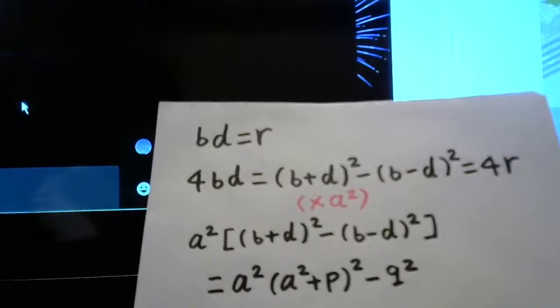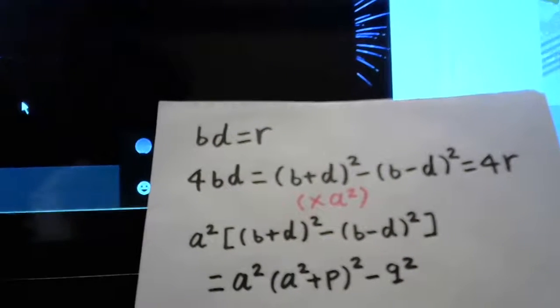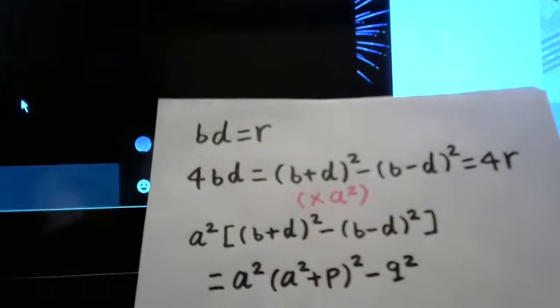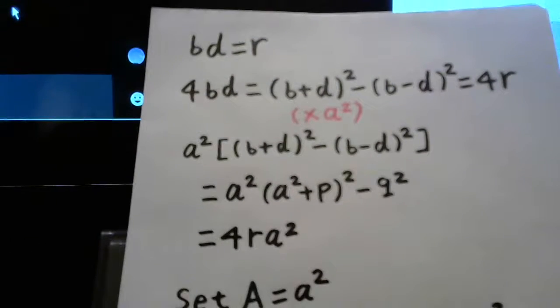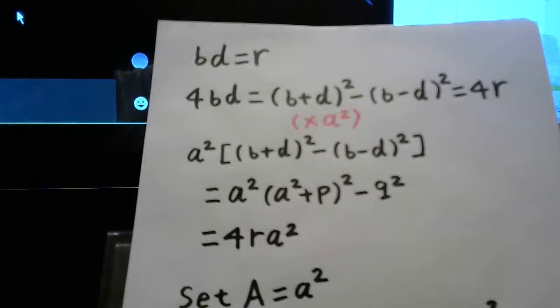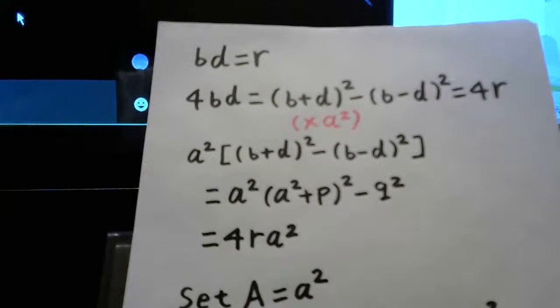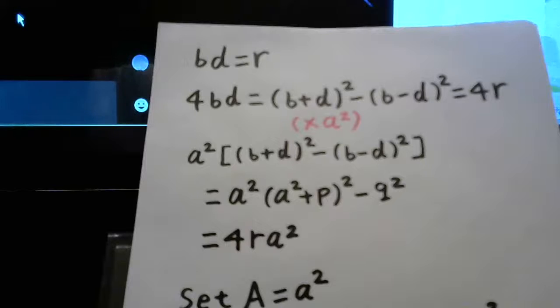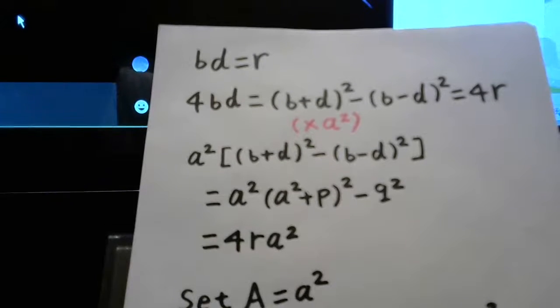And we multiply by a squared. Then it goes like this: a squared times (b plus d) squared minus a squared times (b minus d) squared is equal to a squared times (a squared plus p) squared minus q squared is equal to 4r a squared.